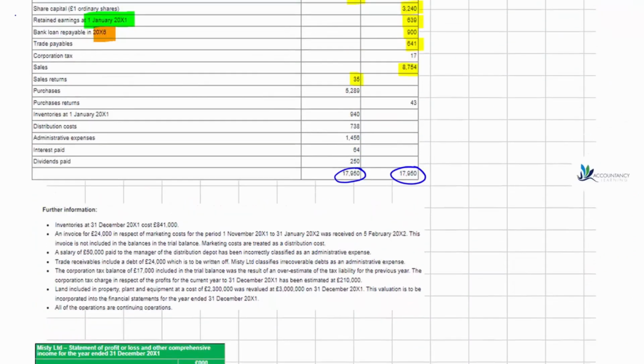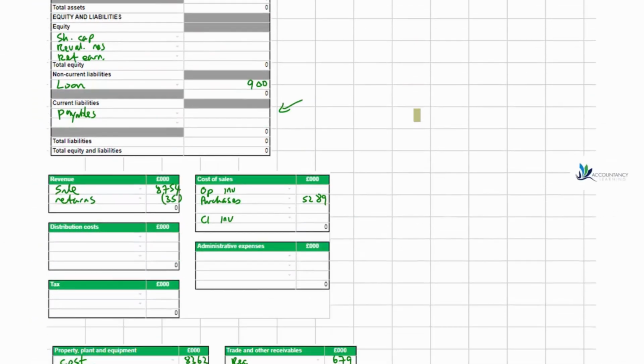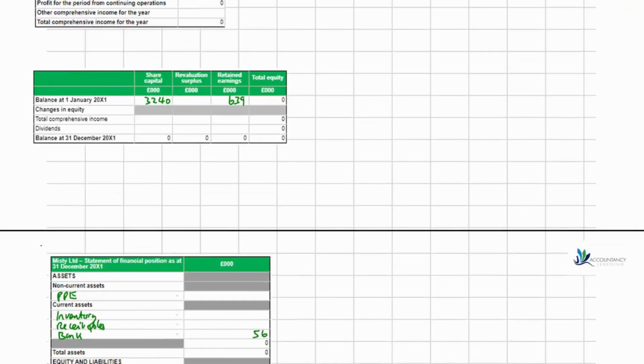So now we can highlight that. We've used the number. And then we have purchase returns of 43. Well, these need to be deducted from our purchases. Yes, that goes into our working.